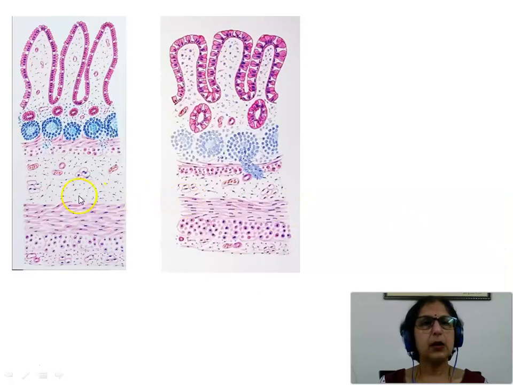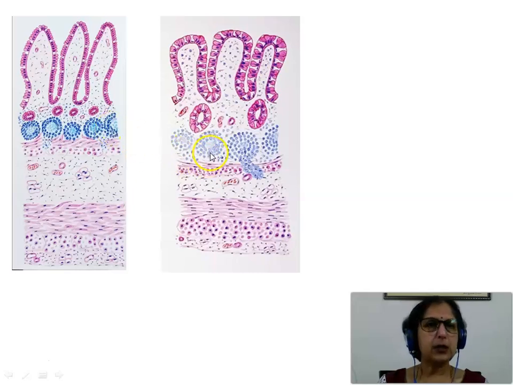Now what we see here are the diagrams of the ileum and the vermiform appendix. So villi are characteristic features in the ileum, whereas mucosal folds are characteristic feature of the appendix. When we talk of lymphoid aggregates in the lamina propria, these are seen only along the anti-mesenteric border in the ileum, while in vermiform appendix, they are seen all along the circumference of the wall in the lamina propria.